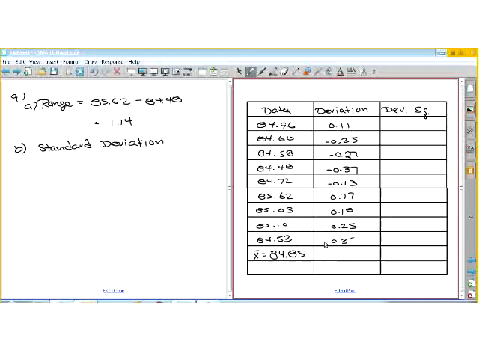Okay, so those are all my deviations. Now if I add those together, I can check to make sure that I didn't make any mistakes. It's not as obvious in this case, so you got to be a little more careful.